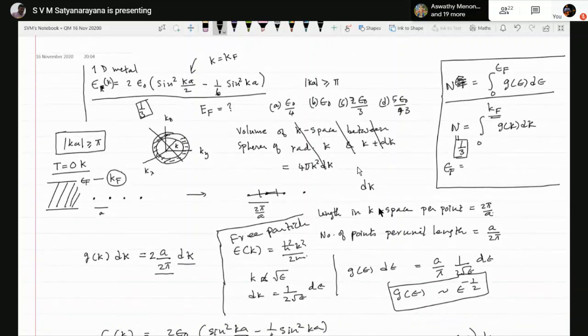Now this Fermi momentum is equal to 2 pi divided by lambda.